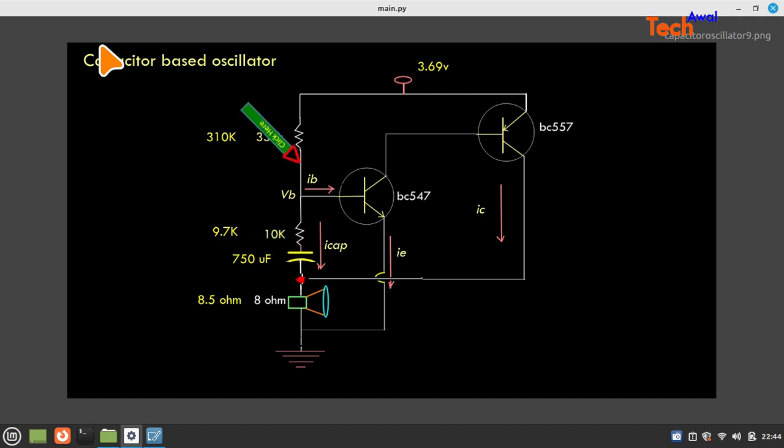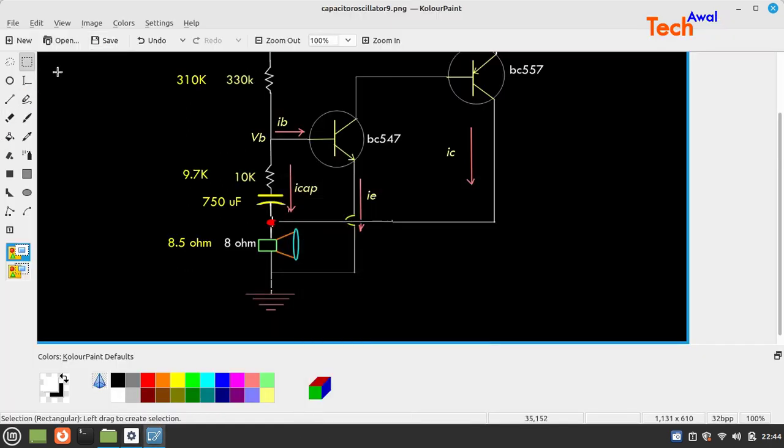Now we have measured IB, VB, the current across the capacitor, IE and IC of the PNP, and the voltage across the speaker. Okay, so the voltage across the speaker also we have measured.